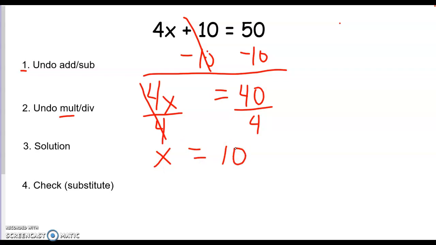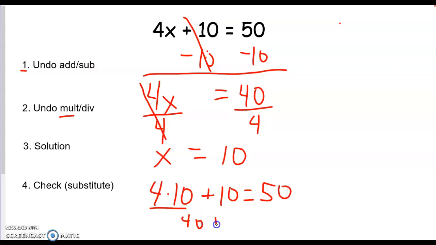Okay, that's my solution. Now I want to check it, so I'm going to substitute 10. 4 times 10 plus 10, the original equation, equals 50. 4 times 10 is 40, plus 10 is indeed 50. And that solution looks to be correct.